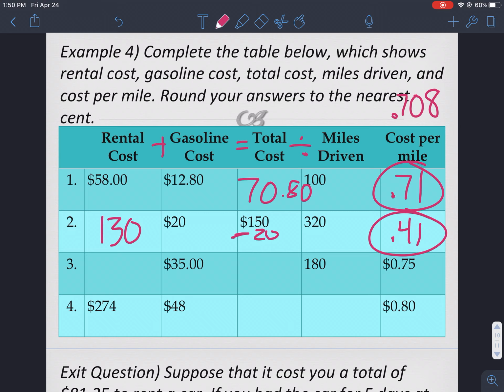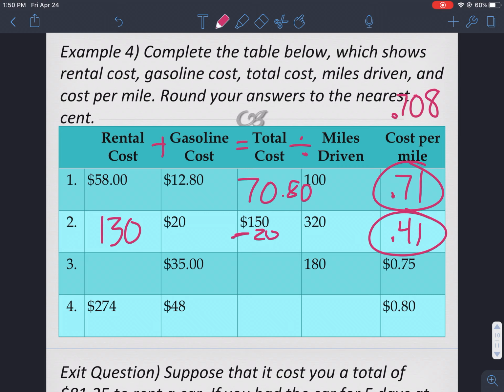Alright, now, again, consider pausing the video and trying the last two. See if you can come up with the answers. Alright, number 3. You have to work from the miles driven and the cost per mile.